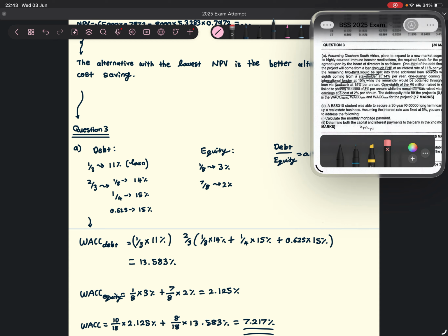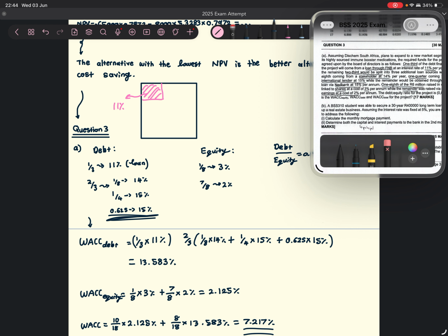So basically, what this means is our debt, we can put that in a big box like so. So this is our total debt, and we're given off the bat that 1/3 of this has a cost of 11%, and then the rest of it is distributed in this manner. So the remaining 2/3 consists of this stuff.